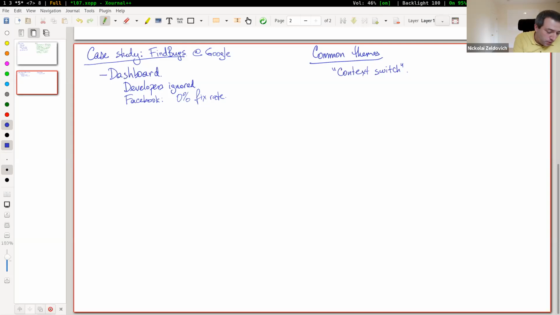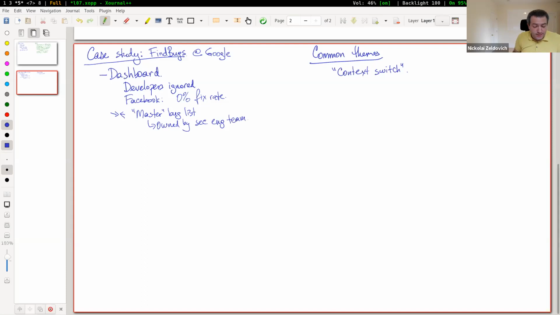One interesting, surprising detail went the other way, which is that Facebook actually made this work eventually. Facebook talks about this master bug list that they produce periodically. The way they made it work is that this master bug list is owned by the security engineering team.